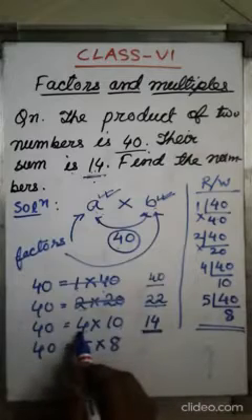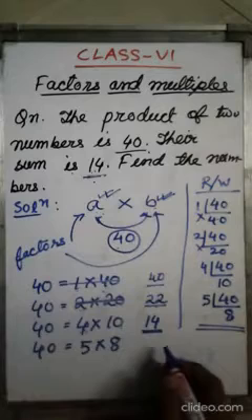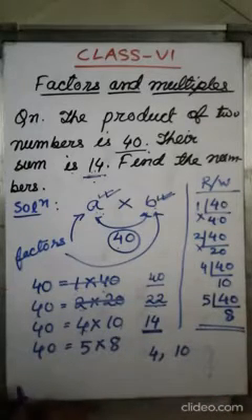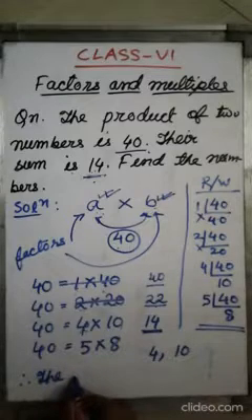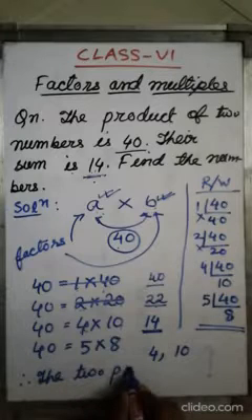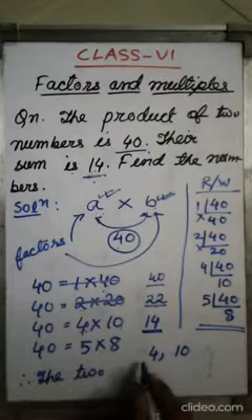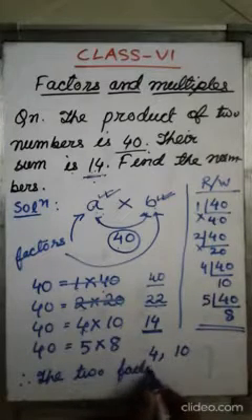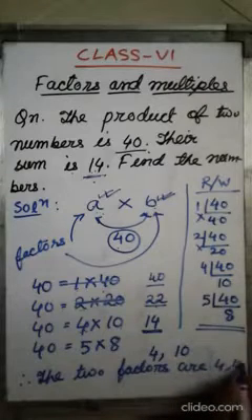So the two numbers A and B are 4 and 10. Therefore the two numbers or two factors are 4 and 10.